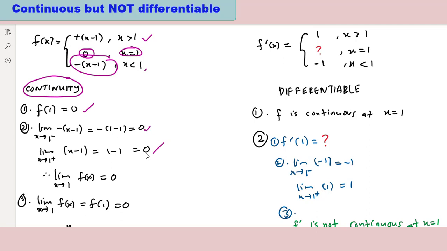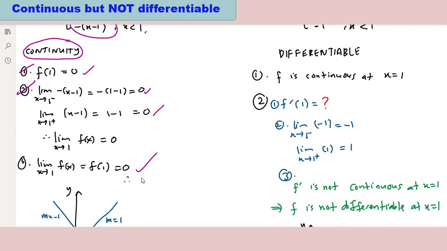So 0 on the left is equal to 0 on the right, so we conclude that the limit of f(x) as x approaches 1 exists and is equal to 0. Therefore, for step 3, step 2 equals step 1: the limit of f(x) as x approaches 1 equals f of 1, which is equal to 0. The conclusion is that f is continuous at x is equal to 1.